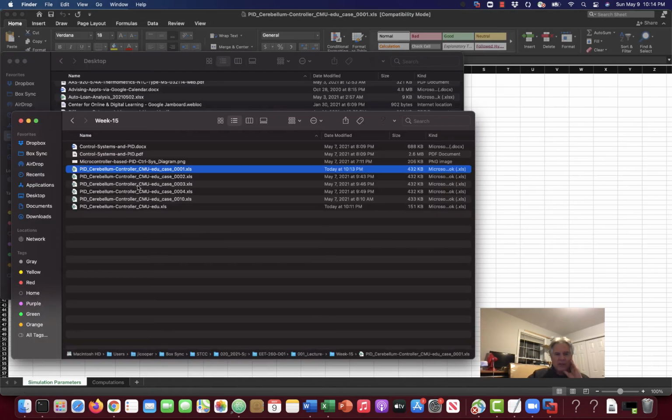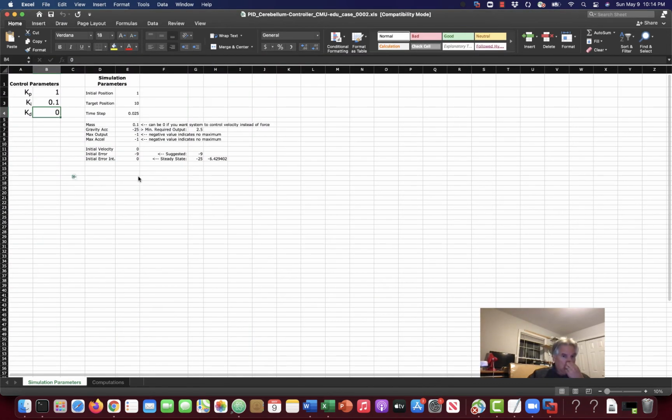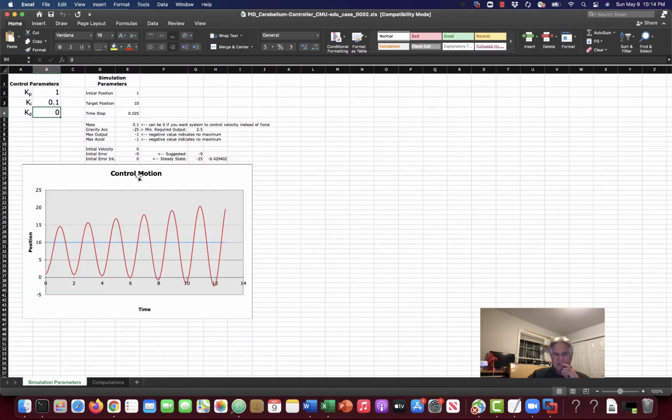So I'll try some other cases here. Here's a case where it's even worse. I have the proportional control and I have some integral control, so I'm willing to remember some of my error. Well, if my system was so overpowered proportionally that it was unstable or it was hunting back and forth, as you can see, the integral term remembers this error and tries to correct for it, and the system hunts worse and worse and worse.